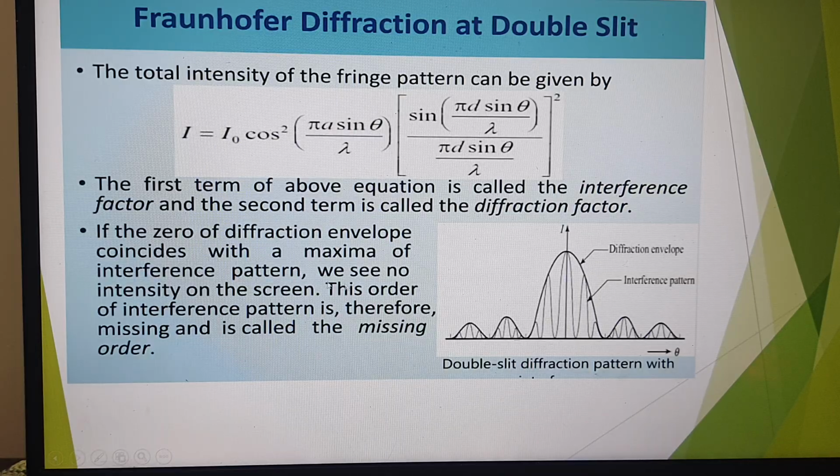The first term of the equation is called the interference factor and the second term is called the diffraction factor. So in double slit we are explaining the interference pattern and at the same time the diffraction pattern too. If a zero of the diffraction envelope coincides with a maximum of the interference pattern.